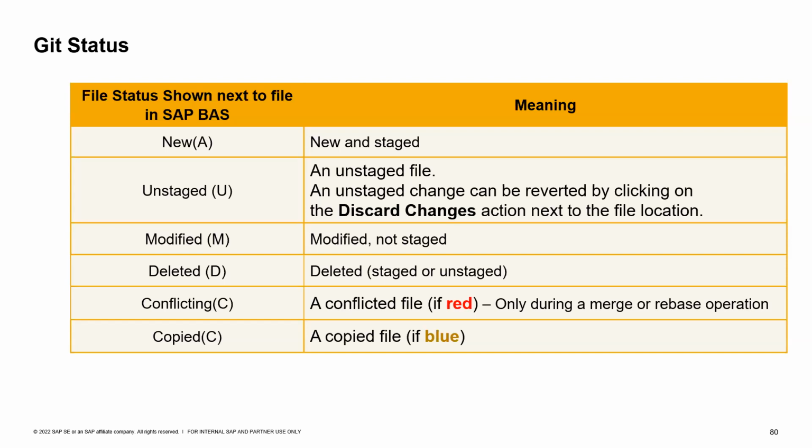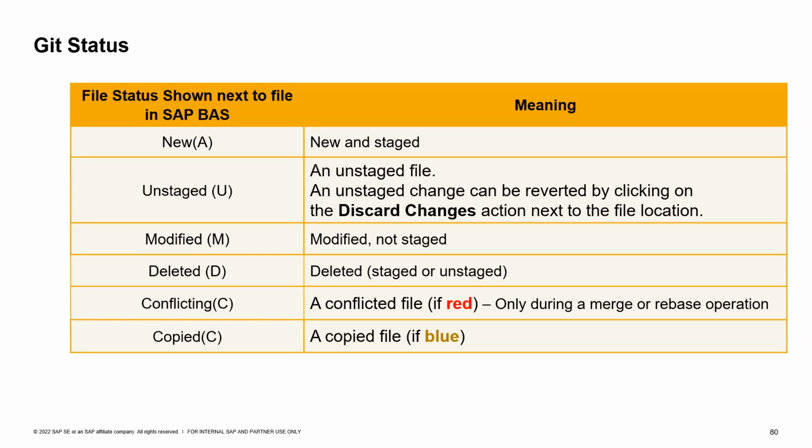Then you can have this text unstaged, or U, which means the file is an unstaged file. An unstaged change can be reverted by clicking on the discard changes action next to the file location itself. Then we have modified, or M, which means it is modified but not staged. Then we have deleted, with a D, which means deleted, staged or unstaged.